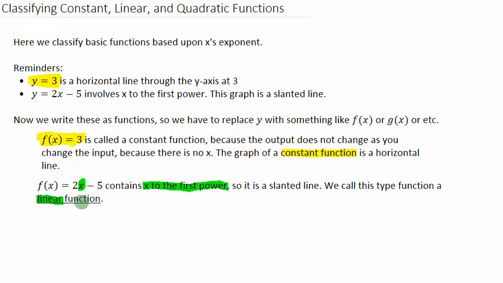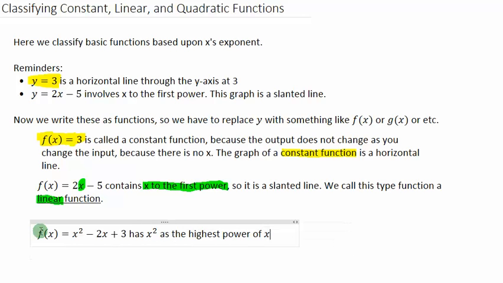So that's important. Lastly, one we haven't discussed yet, you may not be familiar with. f of x equals x squared minus 2x plus 3 has x squared as the highest power of x. This is called a quadratic function.